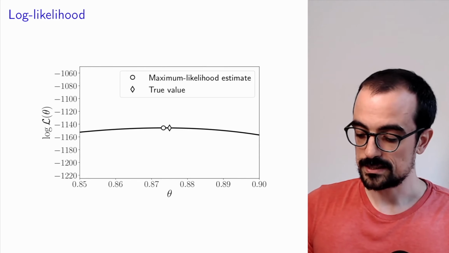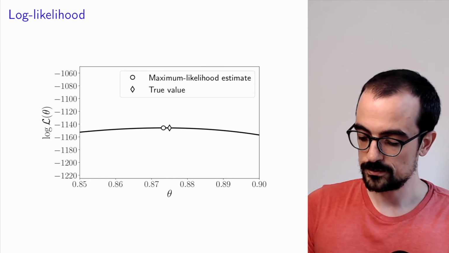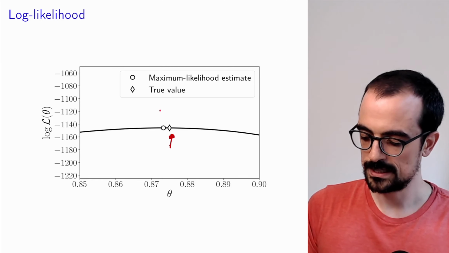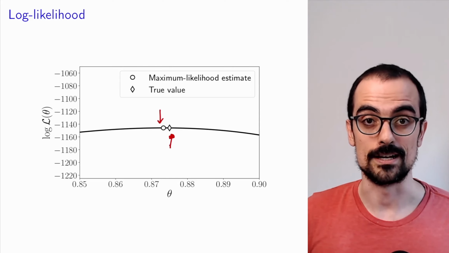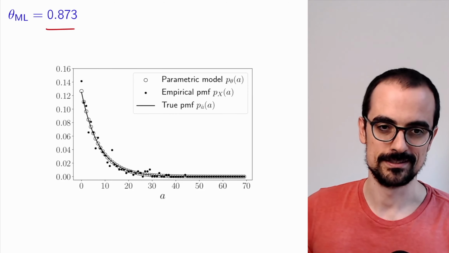So this is how the log likelihood looks. This is the true value. And for 3,000 synthetic free throws, this is how close the maximum is to the true value. It's pretty close. Actually the maximum was 0.873.